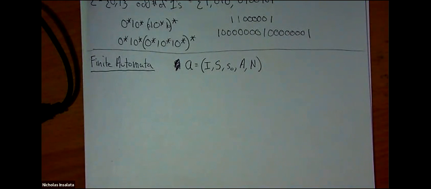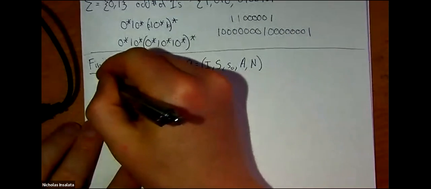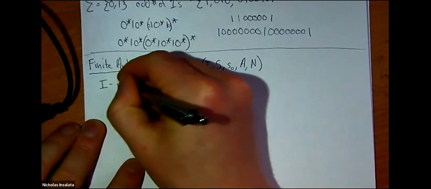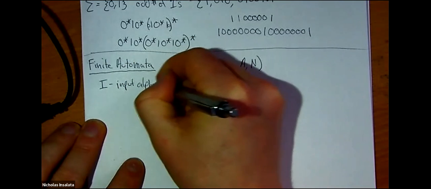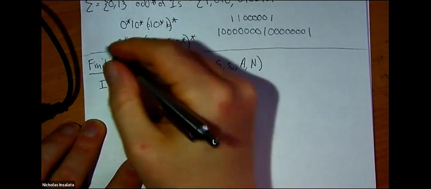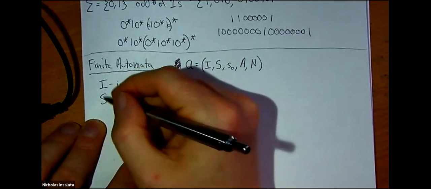I'm going to go through each one of these and explain what they mean. So I is called the input alphabet. S is the set of states.